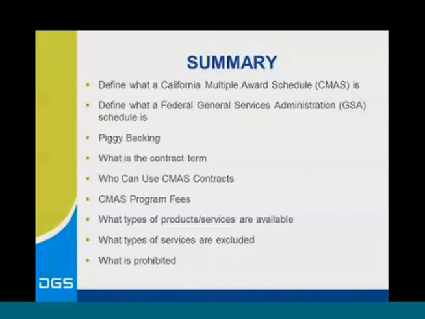The fees, remember that if you are a certified small business, the 1% administrative fee is waived on the local governments. As far as products and services that are available, we know that there are IT and non-IT goods and services with several exclusions.